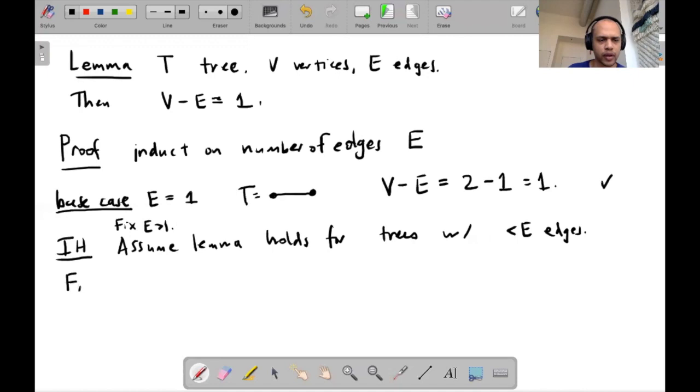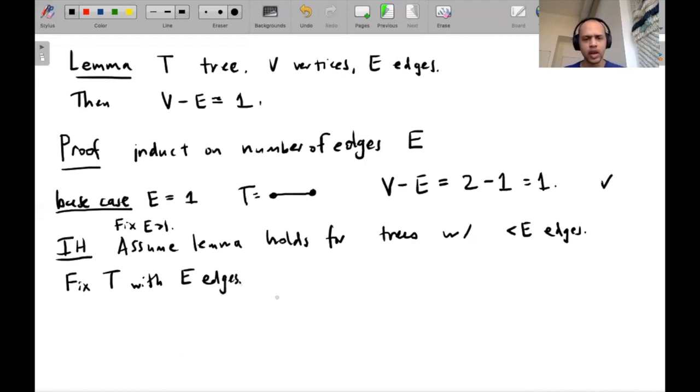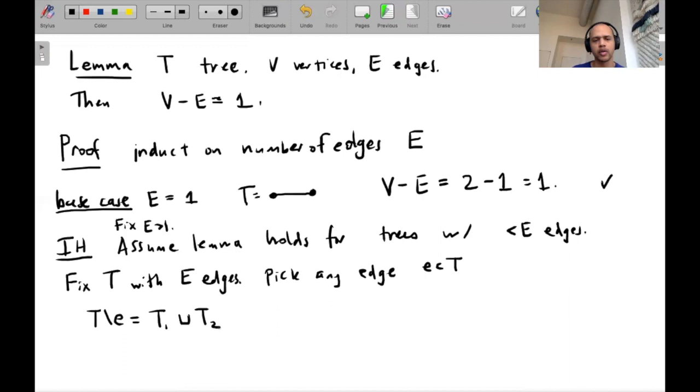And then we fix T with exactly E edges, and we'll prove the lemma for T. The way we do that is pick any edge E in T. T is a tree, so T minus E is disconnected, and we can write it as a union of 2 graphs.